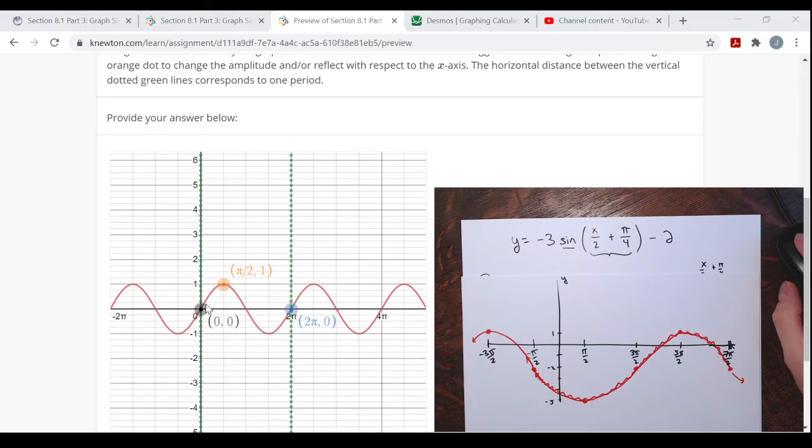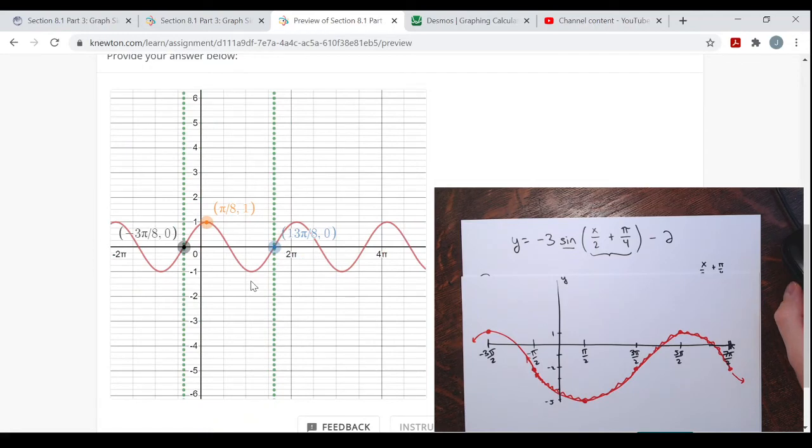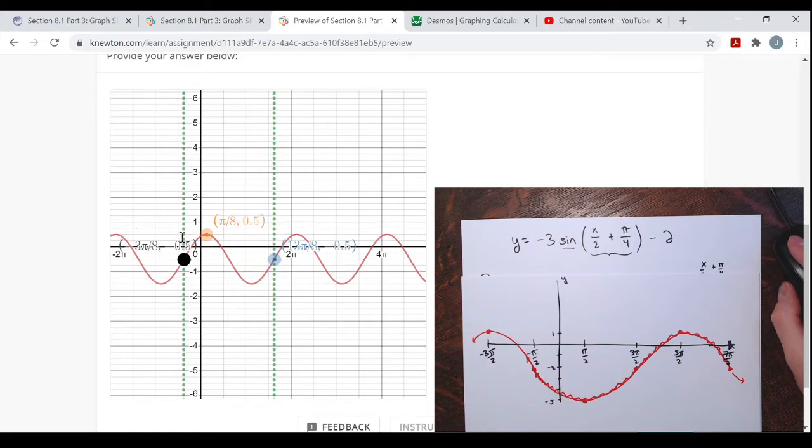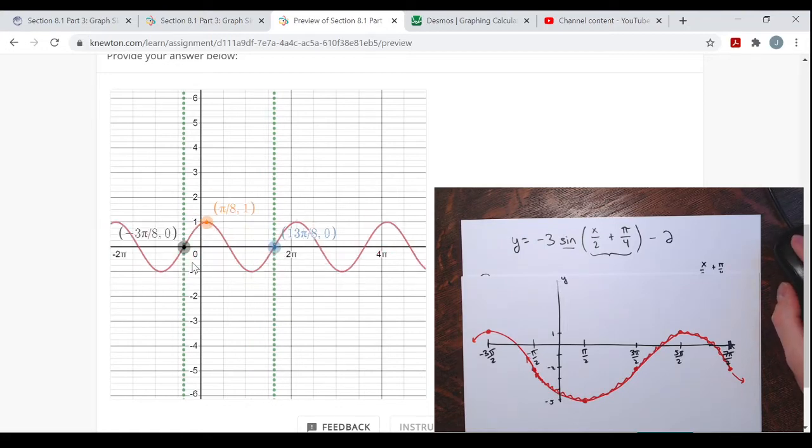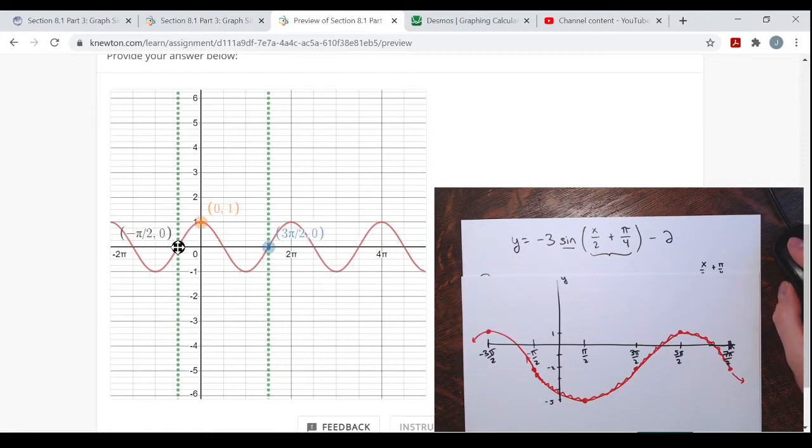So I'm going to shift this black dot here. Can I not move it up and down? Oh, yes, I can. Okay. So I'm going to try and move that to negative pi over 2, and then negative 2. And that's where I started the first cycle.